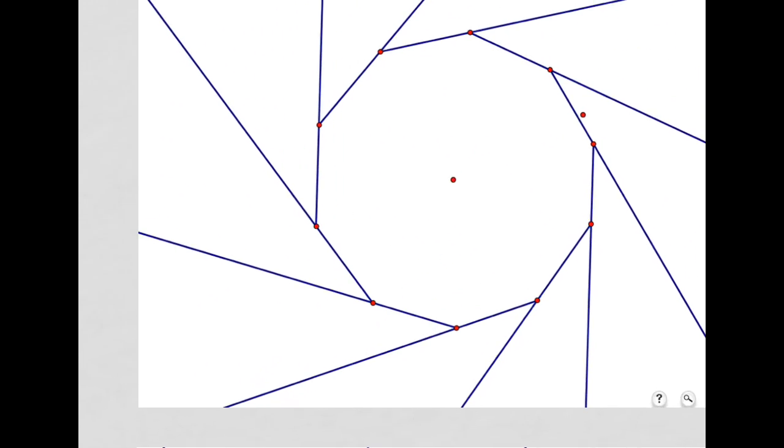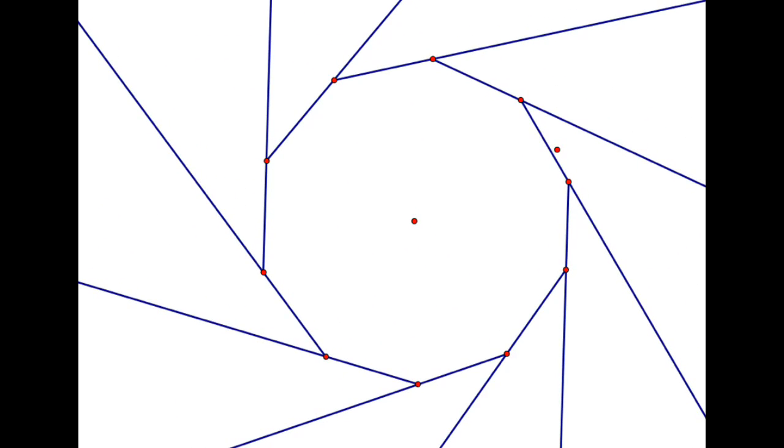Now, this is not a hexagon, but it's similar to what you're looking at right there. And let's take a look at what the angles are. So, an exterior angle is the angle that is formed by an extension of one side and then the other side of your polygon here.